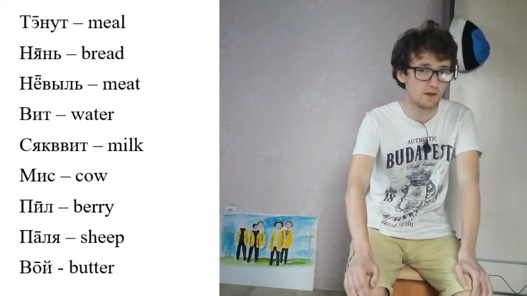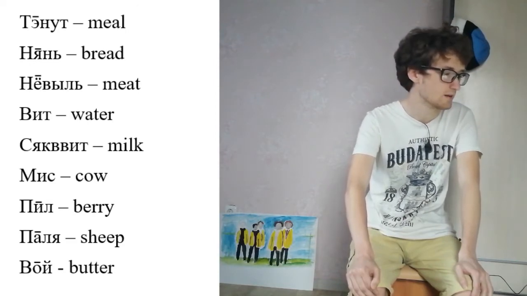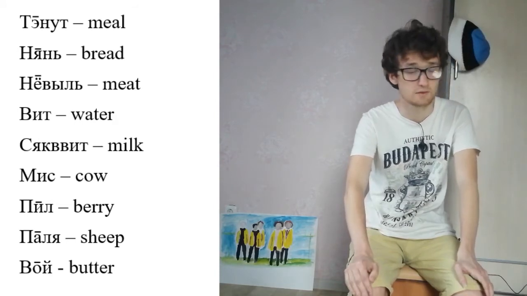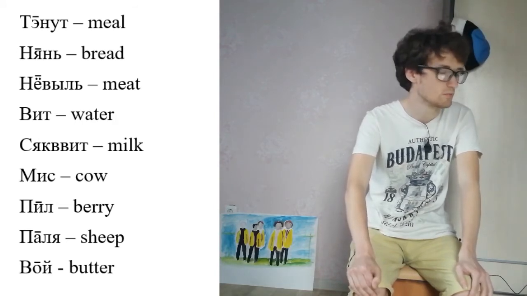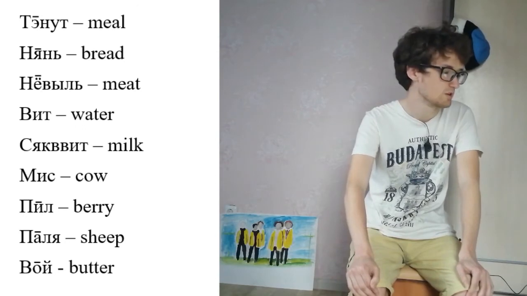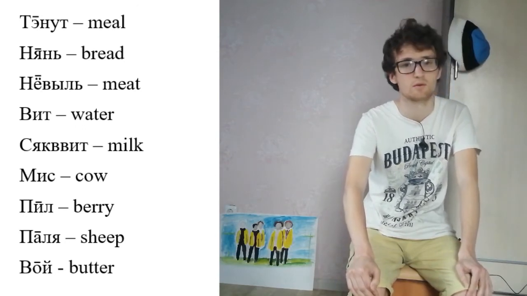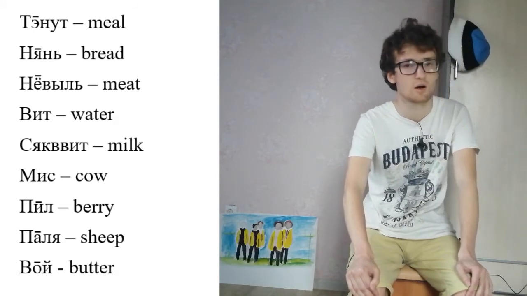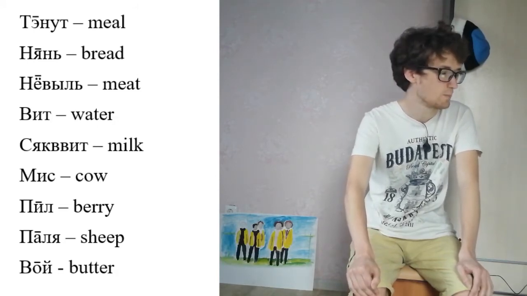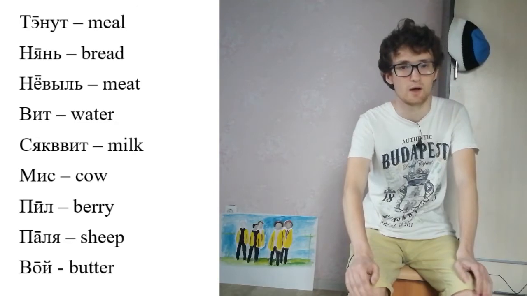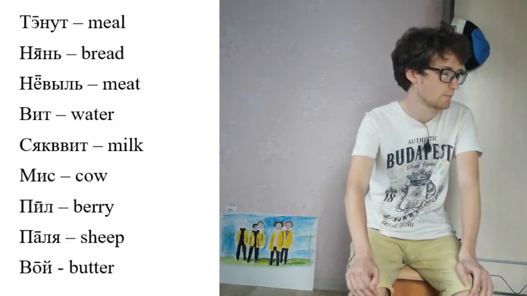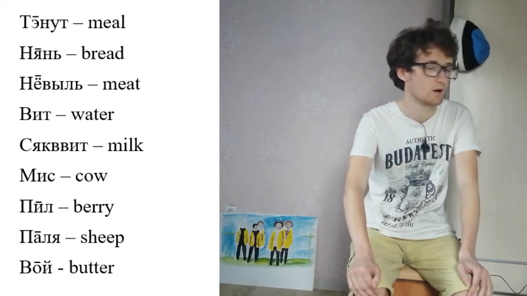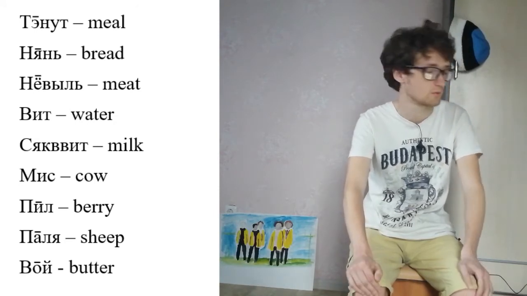Now let's update vocabulary. Tēnut, meal. Ņaņ, bread. Ņoļ, meat. Wheat, water. Shakvit, milk. Mis, cow. Peel, berry. Paļa, sheep. Voi, butter, fat.